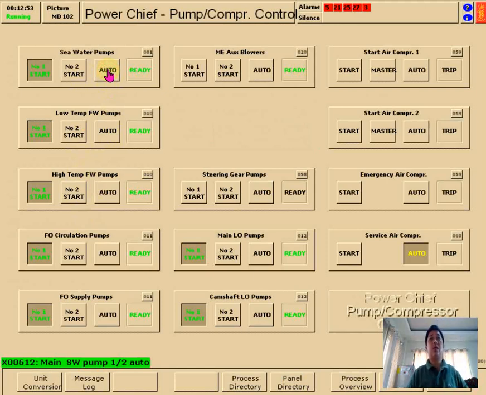Long time responding. Set in auto. So it's not working now. It's lagging. So just wait until we switch the pumps in automatic.